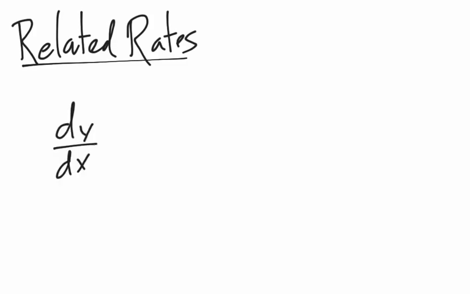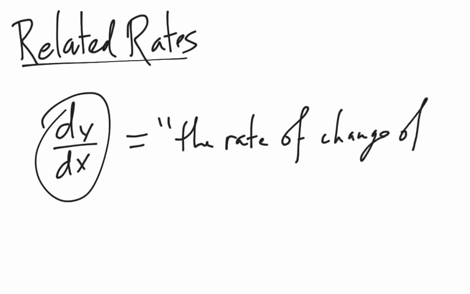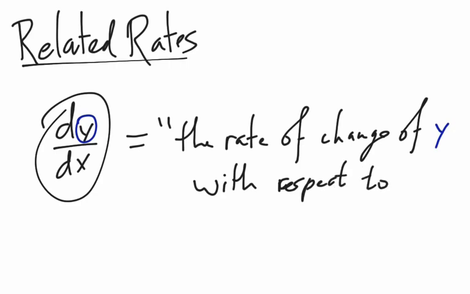Look, it's a derivative, dy dx, right? We can say this as dy dx, but this derivative, which means slope, also has a much longer, wordier definition. This is the rate of change of the variable y with respect to x.